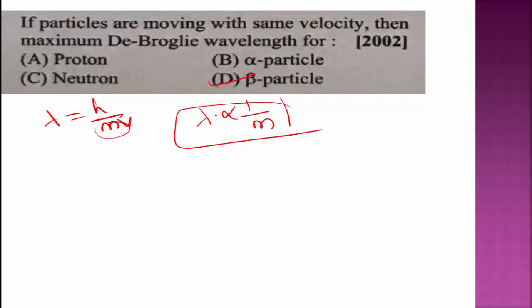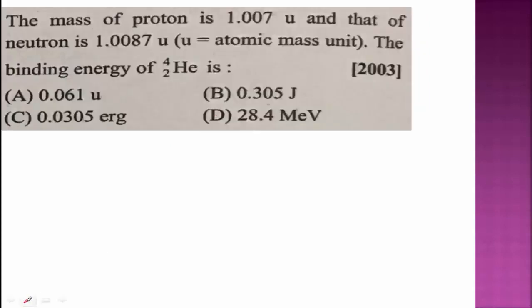And the next problem is, the mass of proton is 1.007 atomic mass unit, and that of neutron is 1.0087 unit.